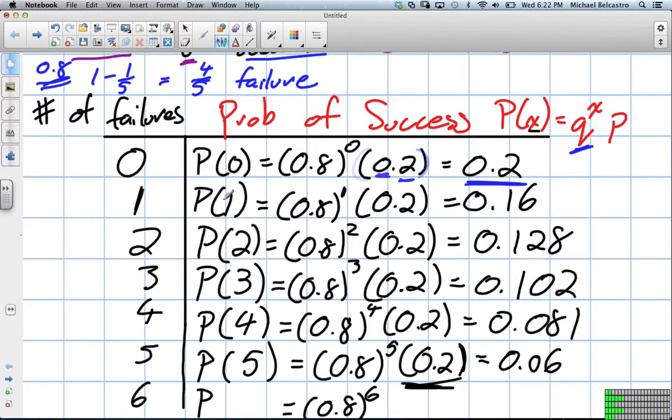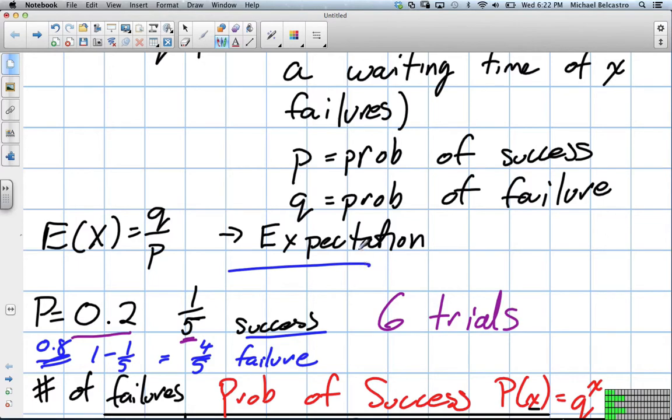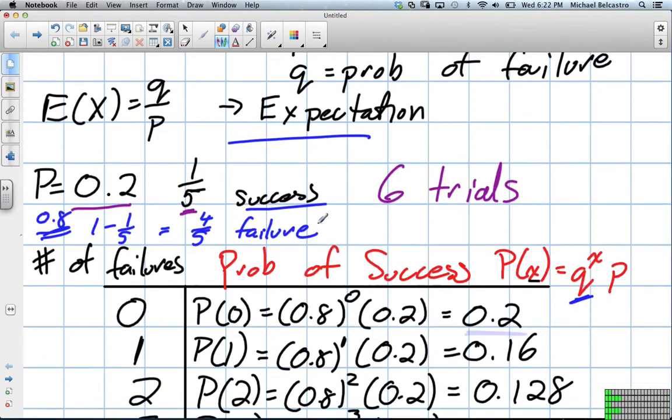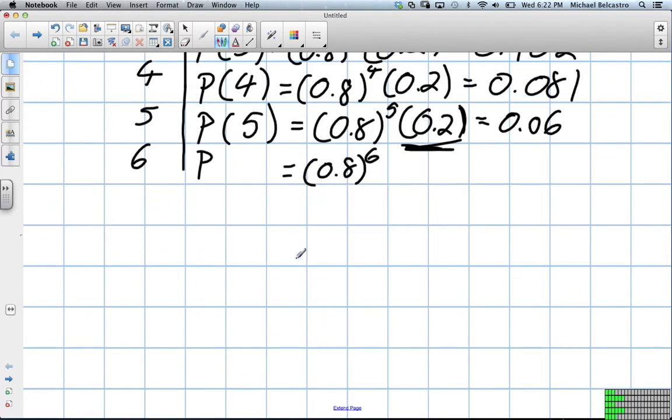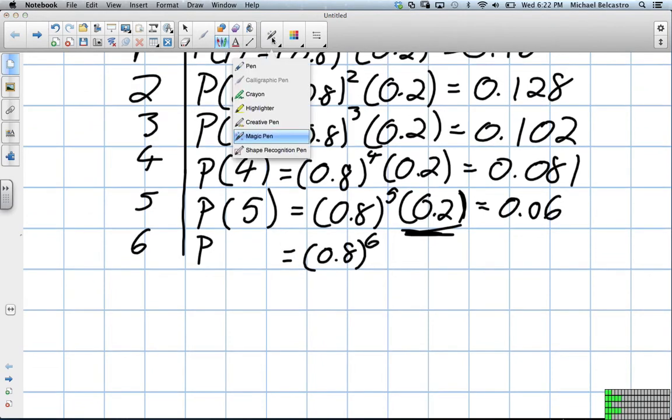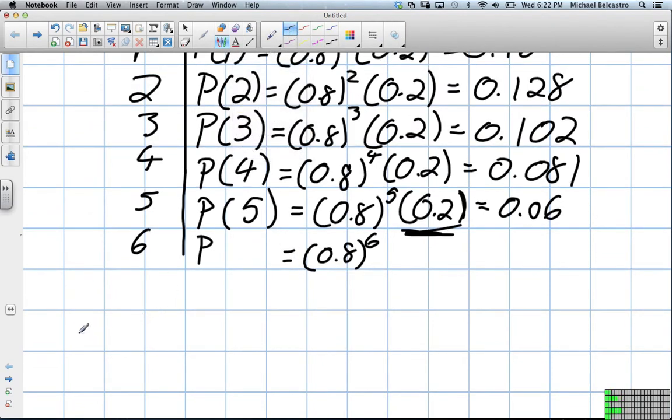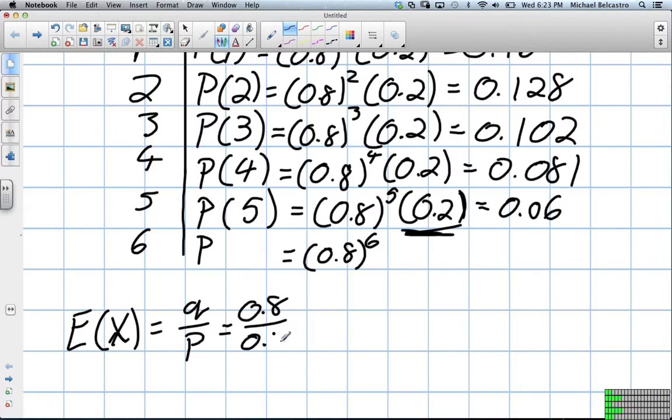Now let's also talk about our expected wait time, in other words, the wait until we get a success. Our E of X is Q over P, which is 0.8 over 0.2.